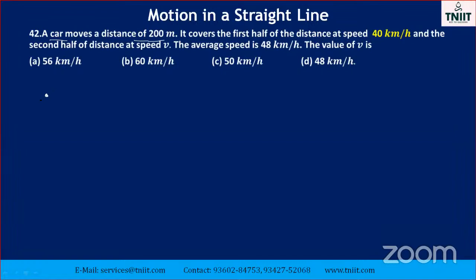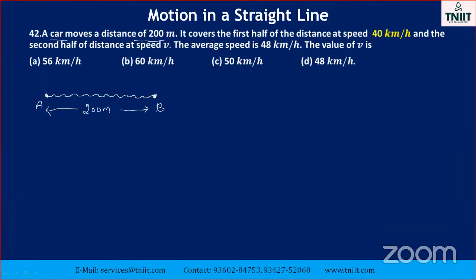So let us assume the car is at A. Now the car which is at A is moving towards another point. It is moving towards this point. Let it be B. What is the distance covered? 200 meter. The distance covered is 200 meter.